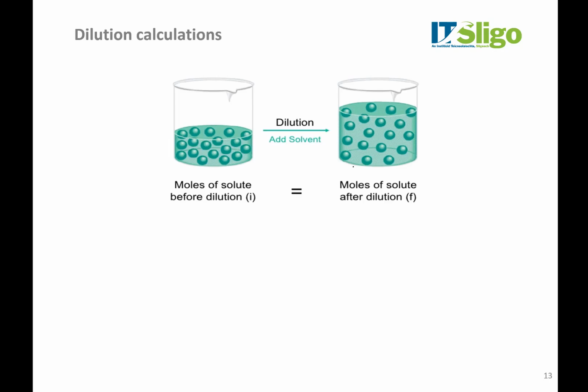So in dilution calculations, guys, what generally happens is we have an amount of stuff. Remember, that's your moles. So there's a certain number of dots there. I think I counted them once. I can't remember. I won't do it again. It's about 15 or something. But when we dilute, guys, there's the same amount of stuff. The moles hasn't changed.